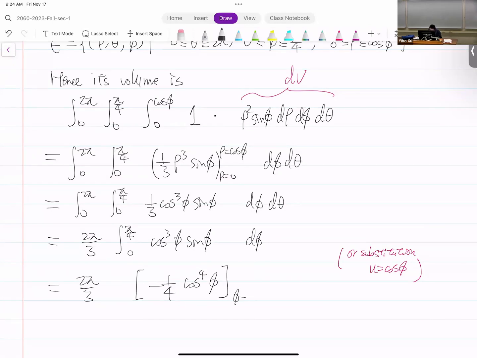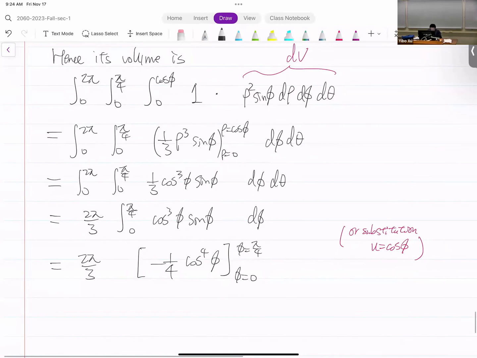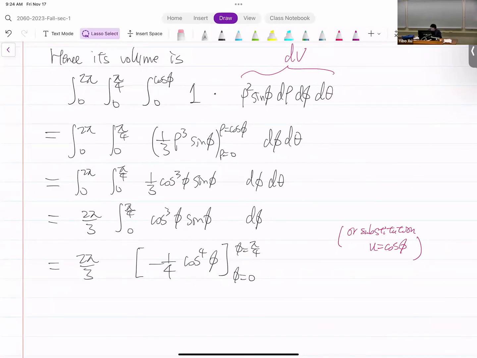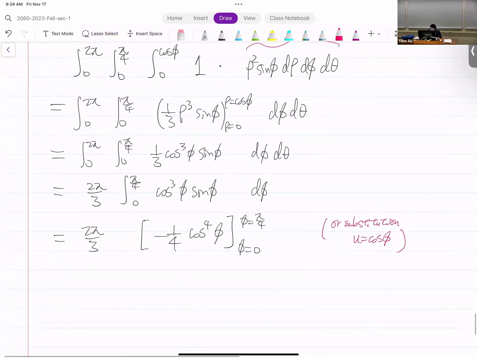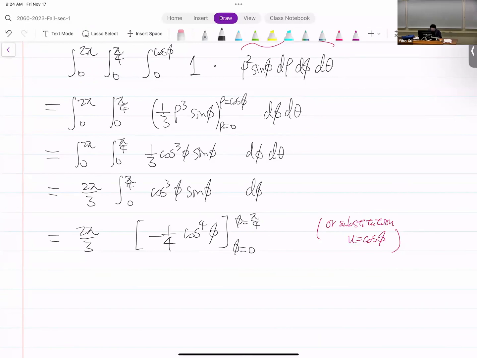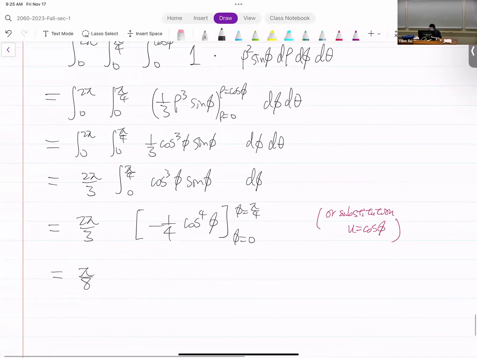Evaluate at 0 and at pi/4. If you plug in, you will get simplification. Cosine squared of pi/4 is 1/2, and if you plug in 0, you will get a 1.